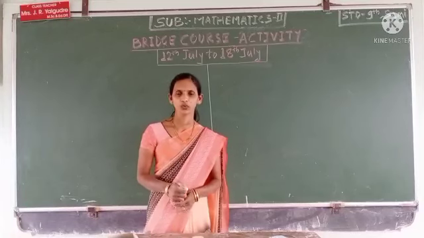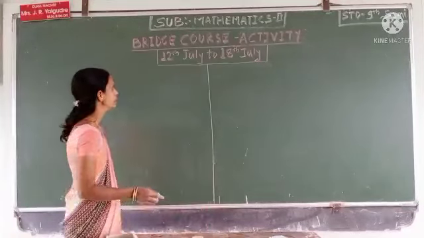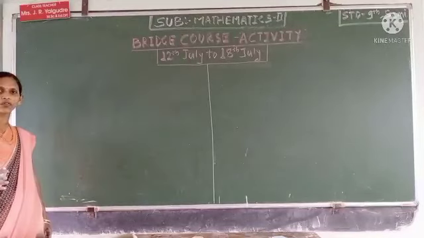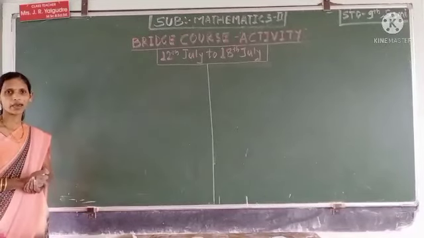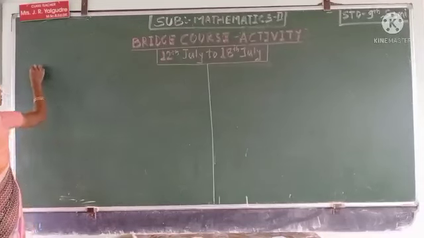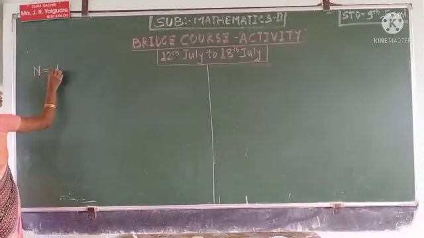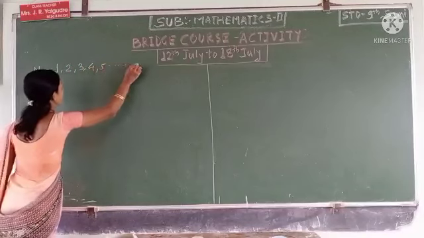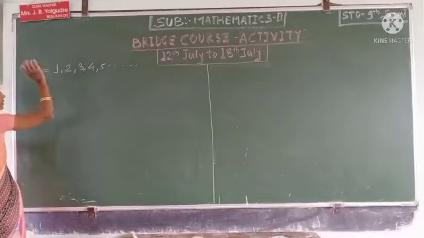First of all, see here, you have learned different types of numbers. Natural numbers: 1, 2, 3, 4, 5 and so on. There are infinite natural numbers.